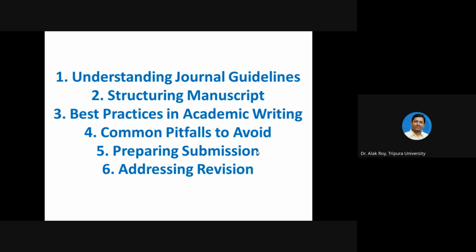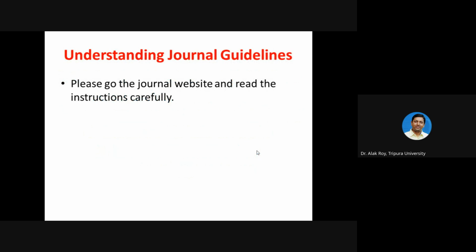So first one is understanding journal guidelines. I simply write one line: please go through the journal website. Any good journal gives directions on their website on how to write or how to format: what the font size should be, what types of writing, Word or LaTeX, how to arrange your figures, how to arrange your tables, what the word count is, 5,000, 6,000, 8,000, 10,000, what the referencing style is, APA, MLA, Oxford, whatsoever, or freestyle.